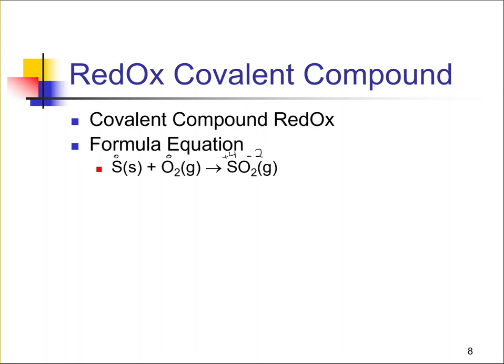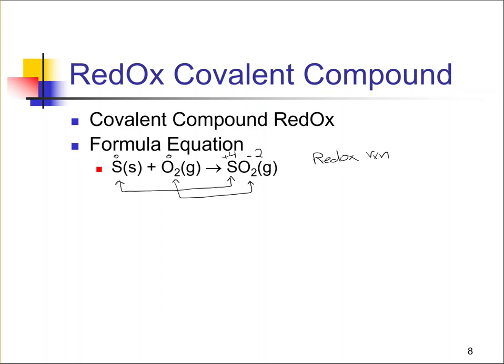By monitoring the oxidation number, sulfur from 0 is going to +4, so it's changing oxidation number, and oxygen from 0 is going to -2, so it is changing oxidation number. This tells me that this is a redox reaction.